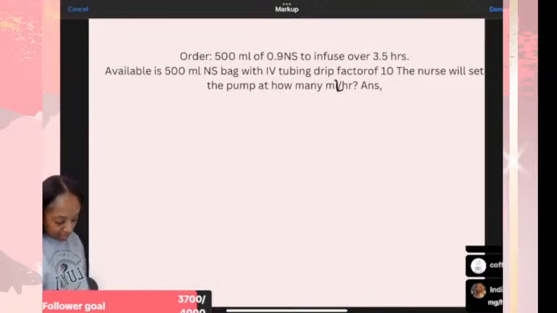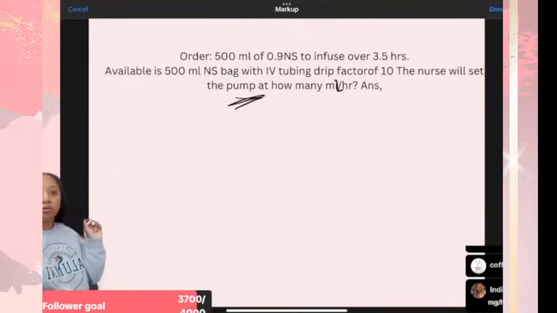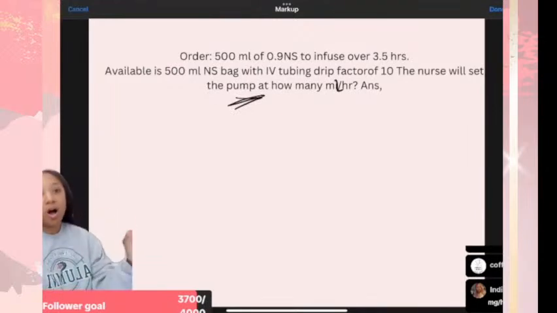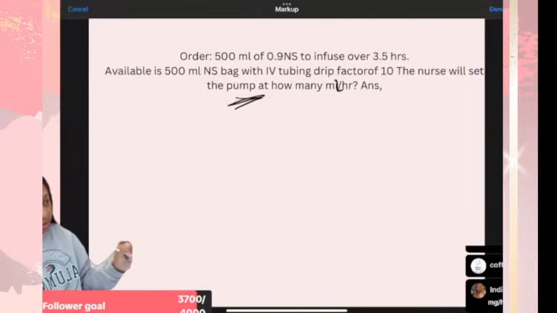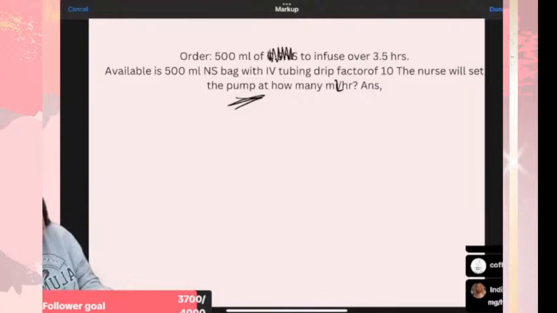So, this gave you some confusing information, right? We know that if you have a drop factor, that means you're going to give it by gravity. But then it says the pump. And we know that the pump is always going to be milliliters per hour. So don't let this number, this normal saline number, confuse you. We just need milliliters and hours.